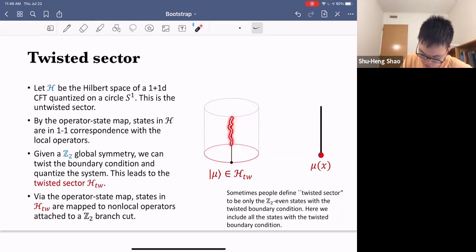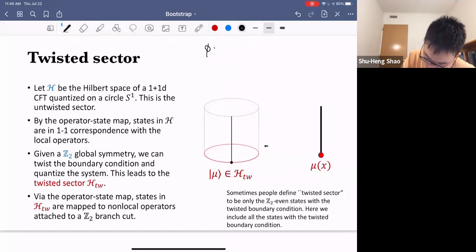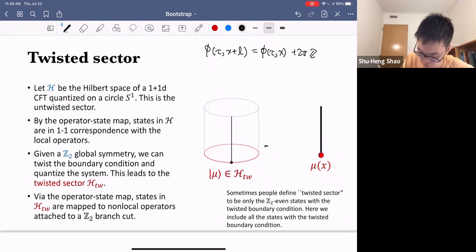What this branch cut means is that, for example, originally you demand phi to be periodic up to integer 2 pi periodicity. But now with the twist, you allow some more general Z2 action.